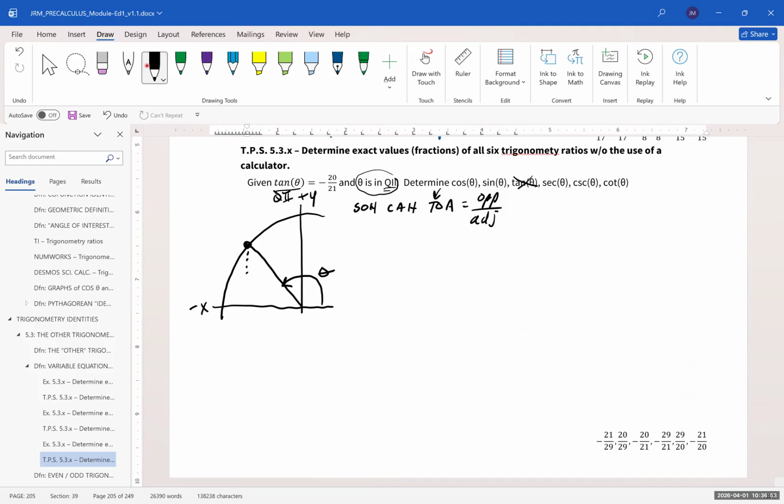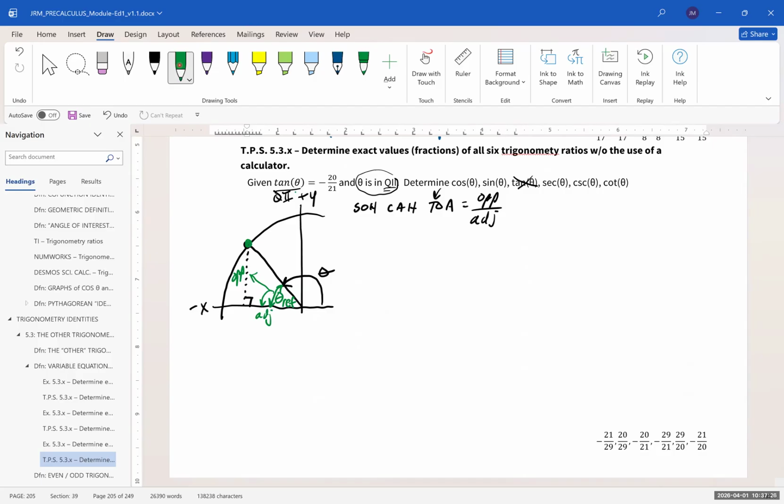So let's go ahead and make our right triangle here. And this angle is our reference angle. The coordinates of this point are going to be relative to this reference angle. The side opposite this angle is our opposite side, and the side adjacent to it is our adjacent side.